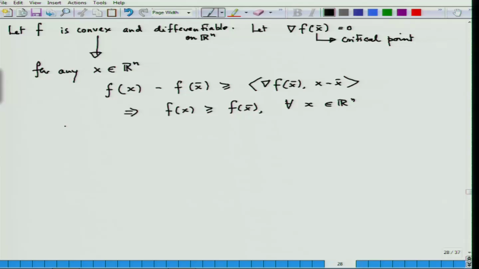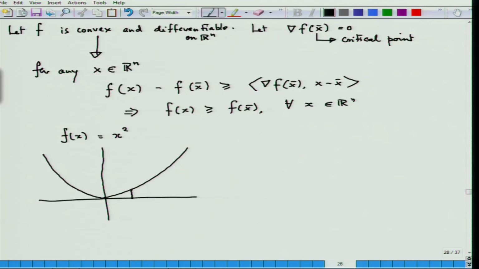A very familiar example which I always like to demonstrate is the function f x equal to x square. Let me take the graph of f x equal to x square, which is nothing but the parabola. Now, I restrict this parabola to 1 2 and ask this question: minimize x square when x belongs to 1 2.